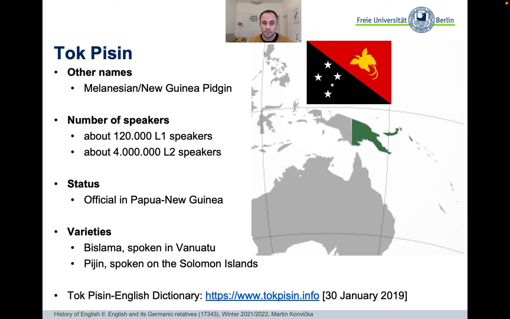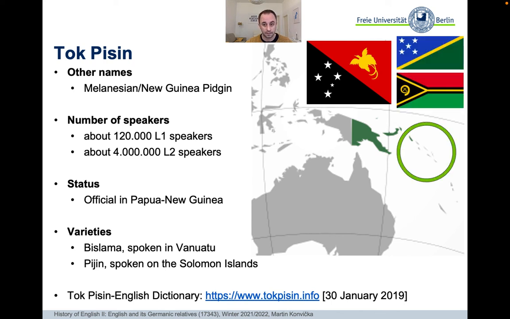It's also the official language in Papua New Guinea, the country that you can see on the map on the right-hand side. And it also has varieties known as Bislama and Pijin, spoken in Vanuatu and on the Solomon Islands, respectively. Again, you can see the flags of these countries.